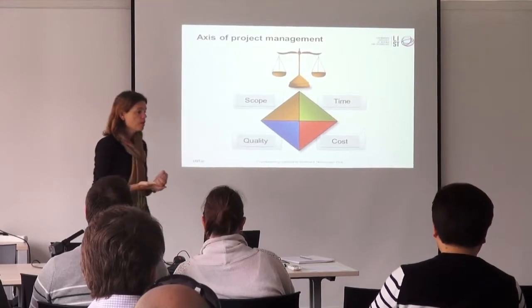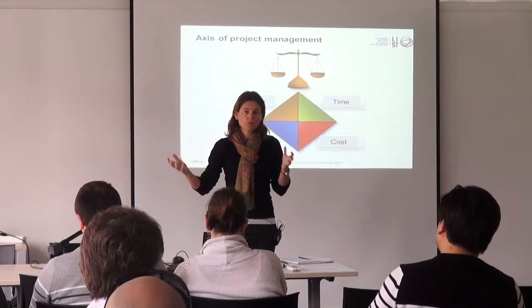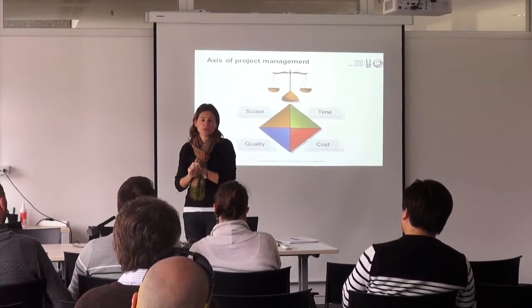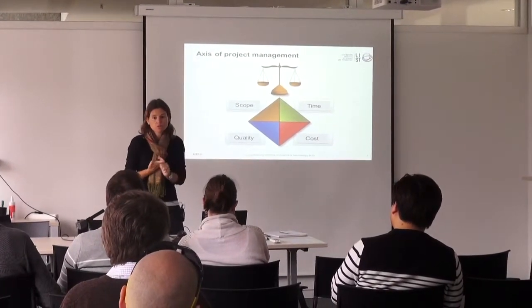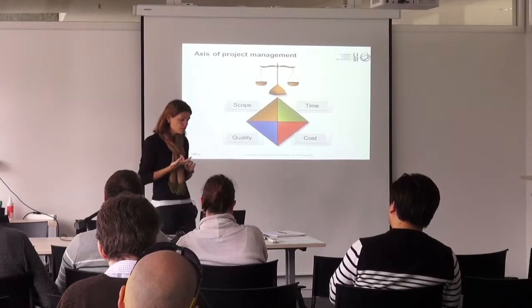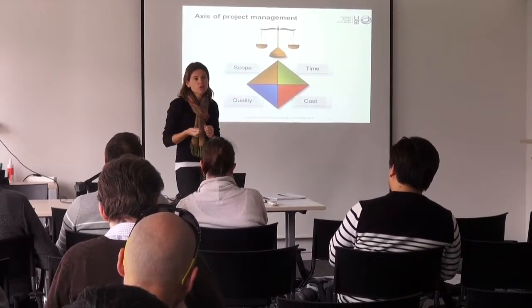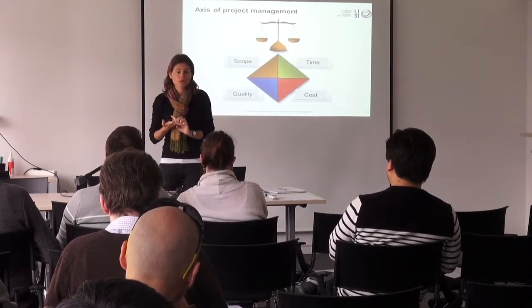So project management is about making sure that you keep all your balls close together: managing the scope of the project, managing the time of the project, managing the cost of the project. And one aspect that is not always obvious is also managing the quality of the project.